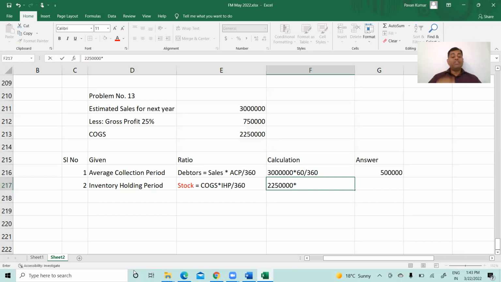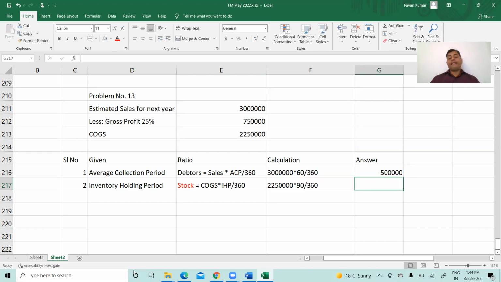Inventory holding period 90 days, divided by 360. Tell me how much it is. 5,62,500. Correct.